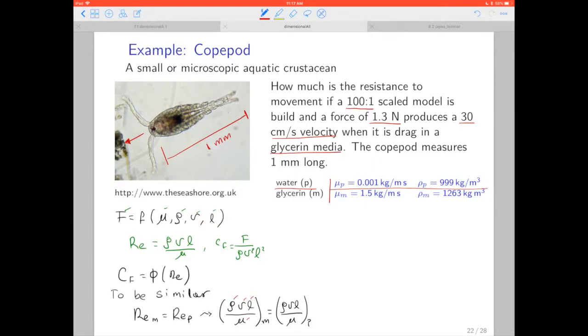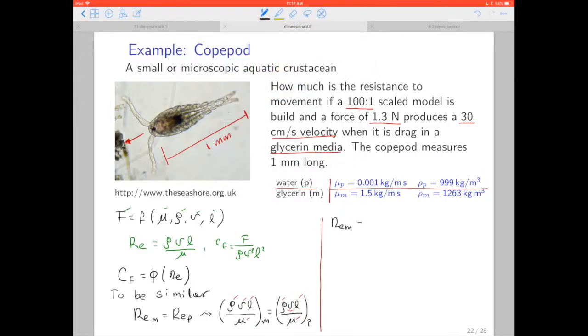And so for the prototype we know the medium, which is water. The medium before was glycerin, to be clear. And so we know the properties, viscosity and density. We know the length because it's 1 millimeter. So the only unknown here is going to be the velocity. So let's try to solve for the velocity.